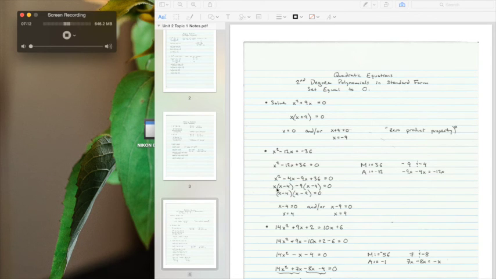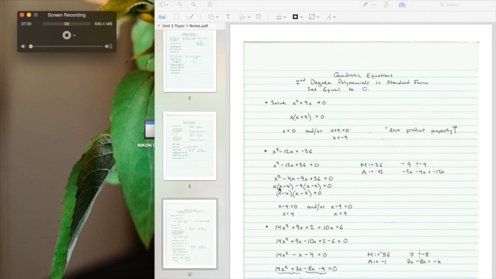The common factor is x. The leftovers are x minus 4 when I divide each of these terms by their common factor. Here in my second group, negative 9x plus 36, the common factor is negative 9. If I divide the first term by negative 9, I'm left with x. If I divide the second term, I'm left with negative 4.